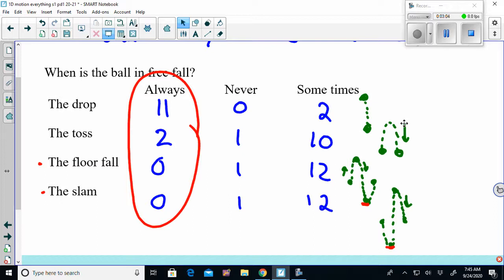After it leaves my hand, it isn't putting any force on it. Even though I threw it to start, once it leaves my hand it's not doing anything to it anymore. It's all gravity. So in all of these cases, once it leaves my hand, the only thing acting on it is gravity. So it's always in free fall.